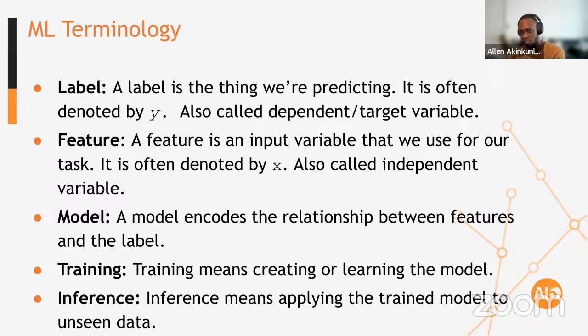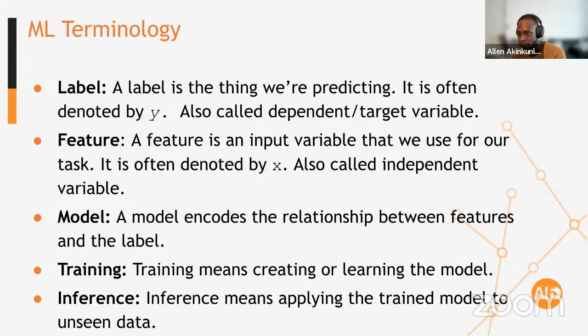So the label is the thing we are actually predicting. It is often denoted by Y, and in some textbooks it's described as a dependent variable or a target variable, right? As Ayomide, who answered the question about why you use ML, mentioned, trying to predict house prices. In this case, the house price will be the label, what we are trying to predict from our data.